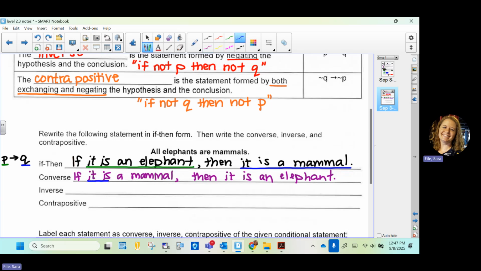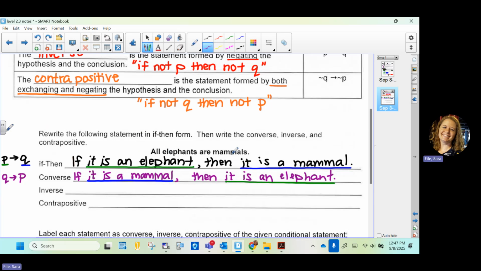So I put my Q at the beginning and my P at the end. So I switched it, Q, then P. Now, is that one true? No. See, when we switched it, it's no longer true.